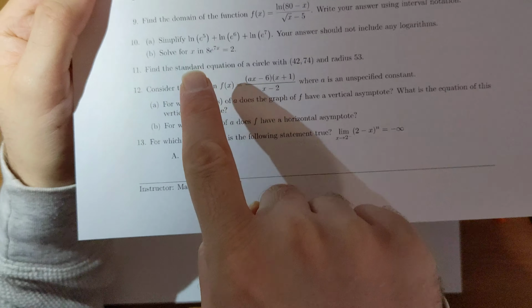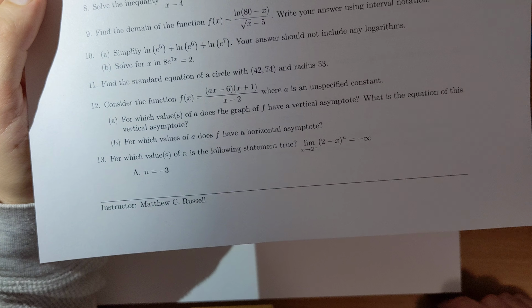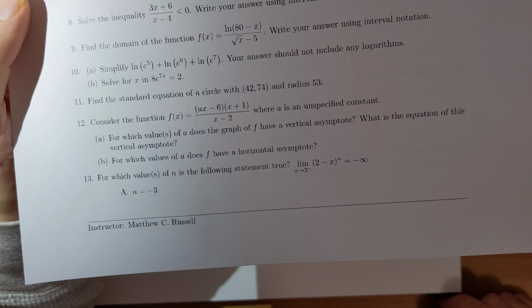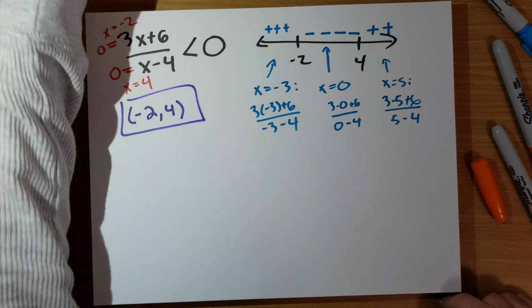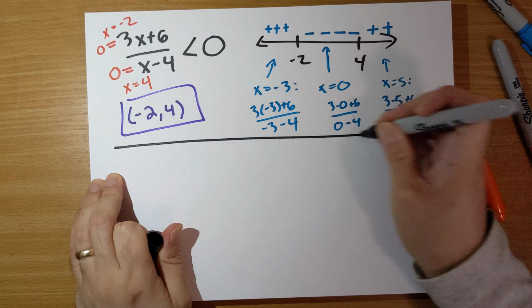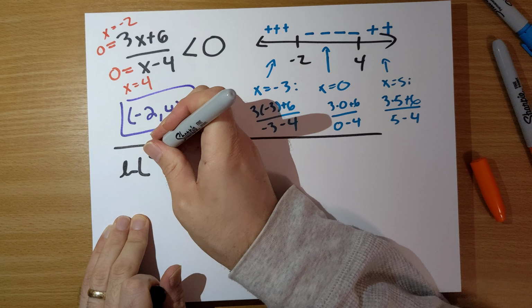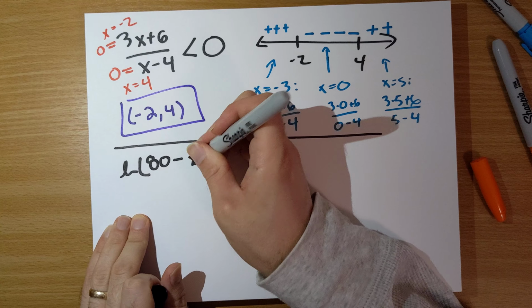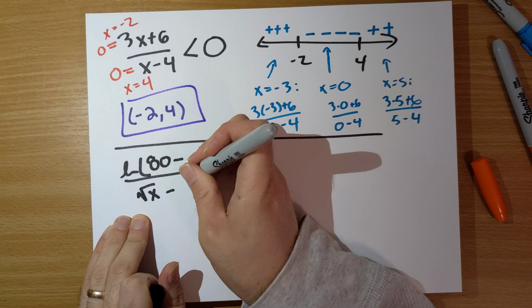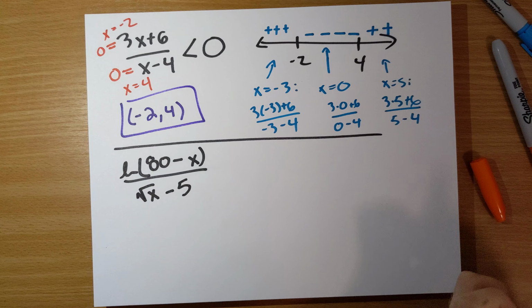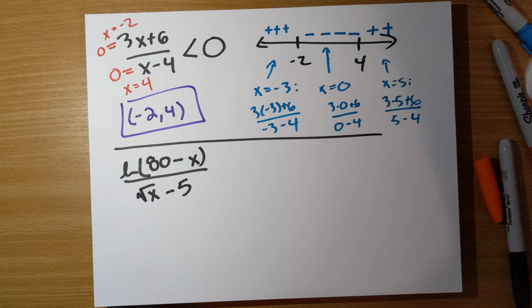Okay, problem number 9. Find the domain of the function f of x is log of 80 minus x over square root of x minus 5. So log of 80 minus x divided by square root x minus 5. There's 3 things going on here.